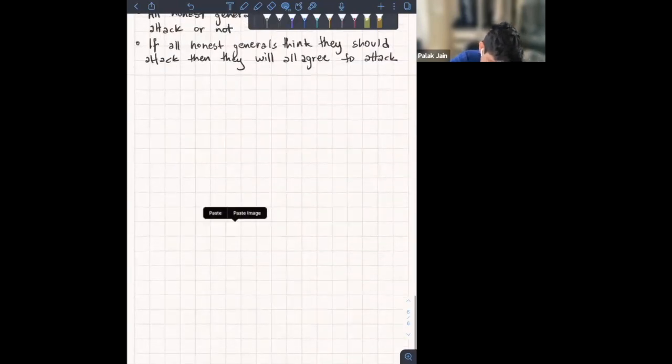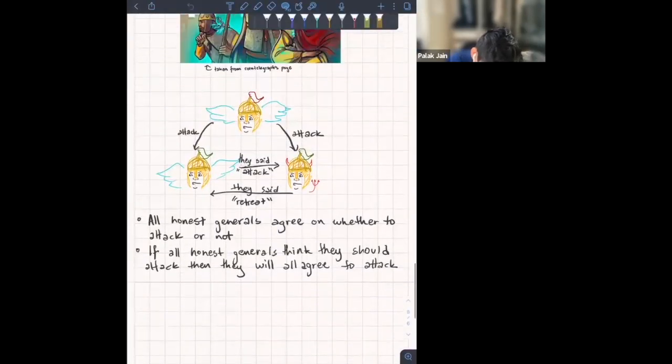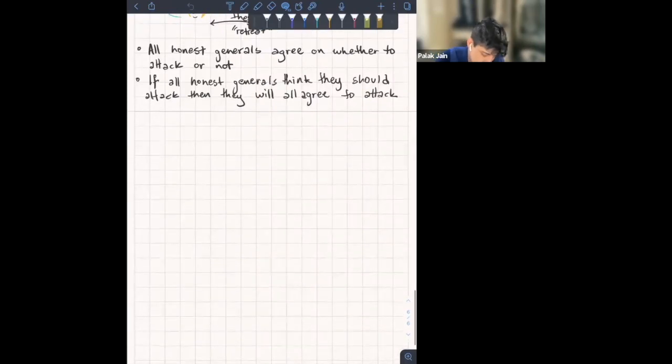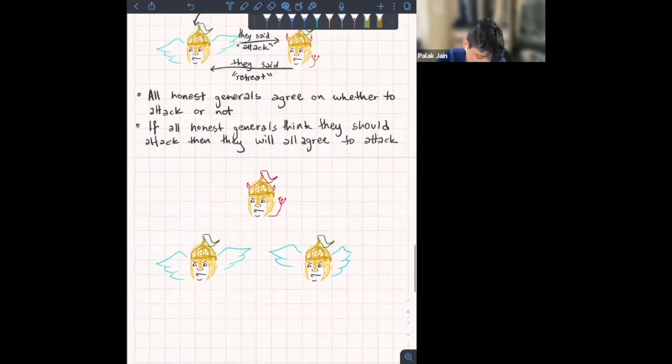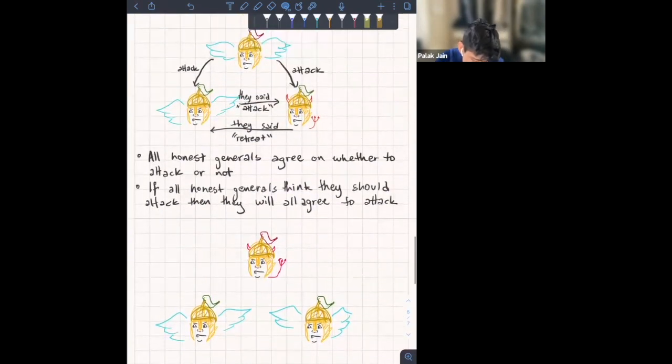They're worried about this situation, right? Where actually the person that sent down the command is the one who's malicious. And what this person did was tell one person to attack and the other to retreat.